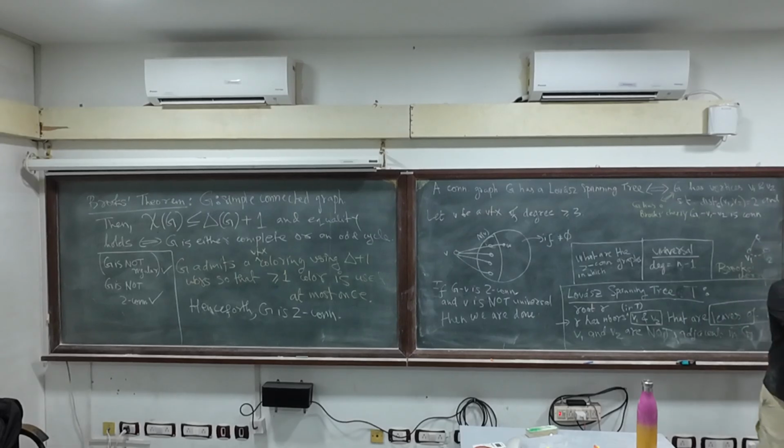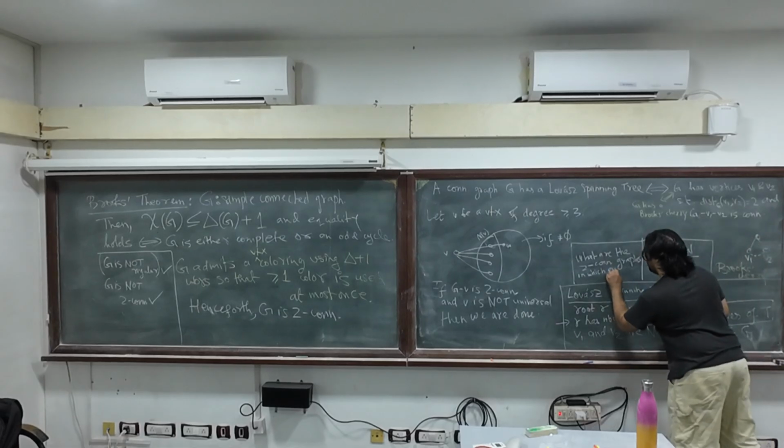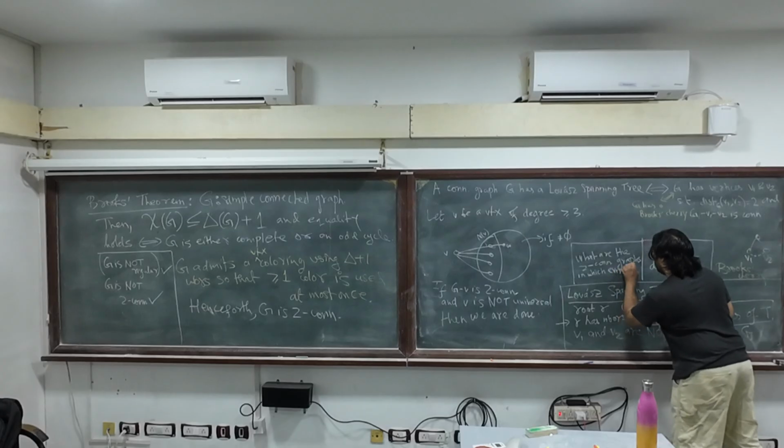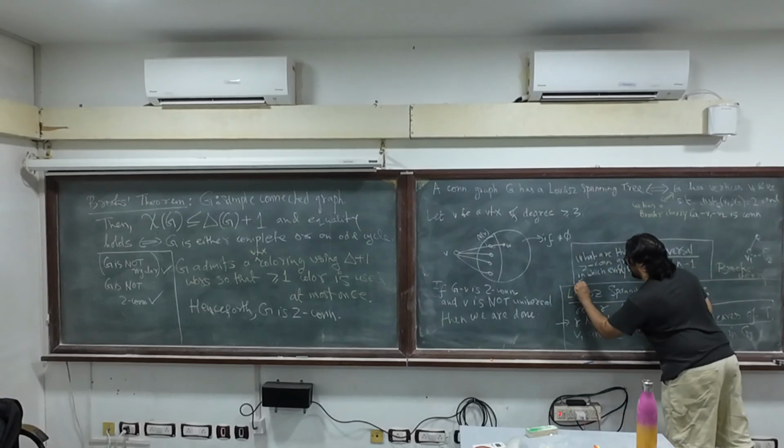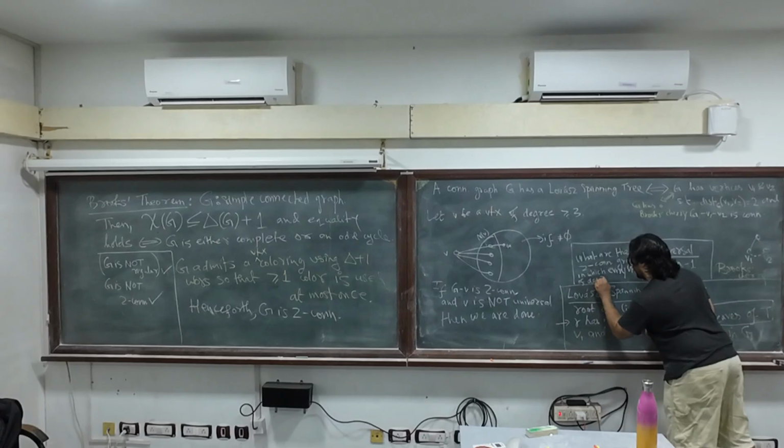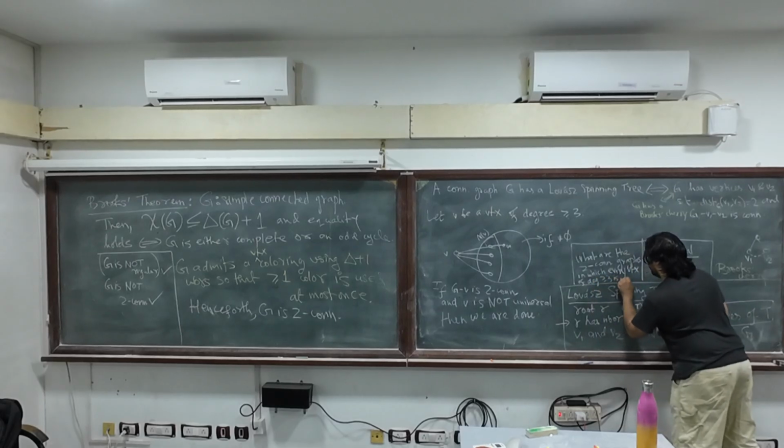If I can tell you that these are all these graphs, then we can just check Brooks' theorem there and finish it. Is that okay? In which every vertex of degree 3 or more, degree at least 3, is universal.